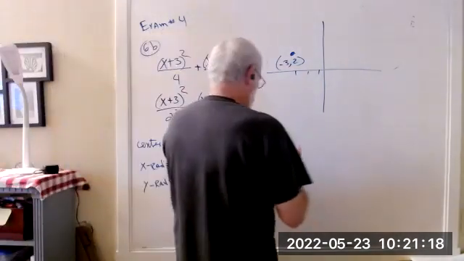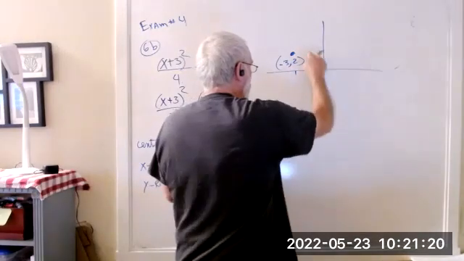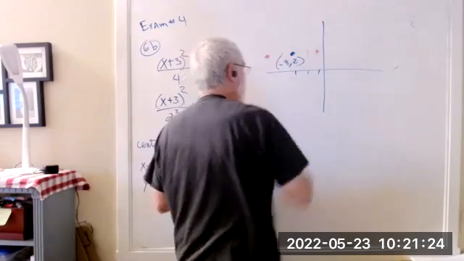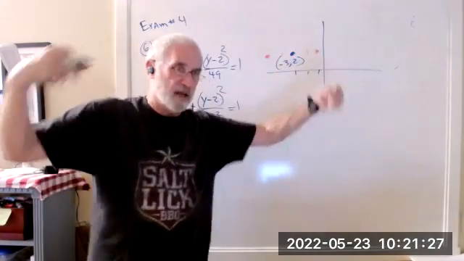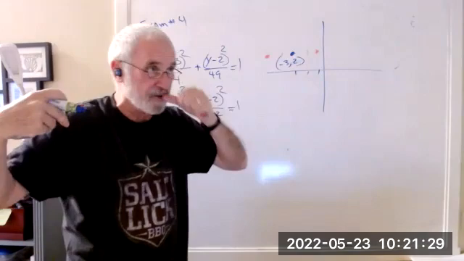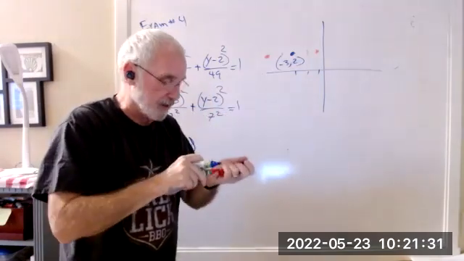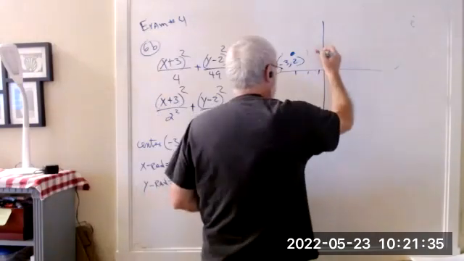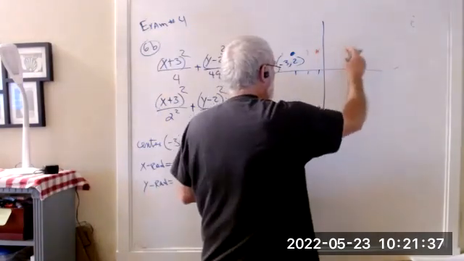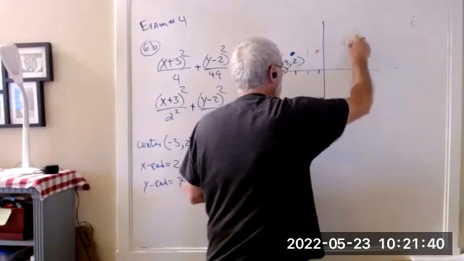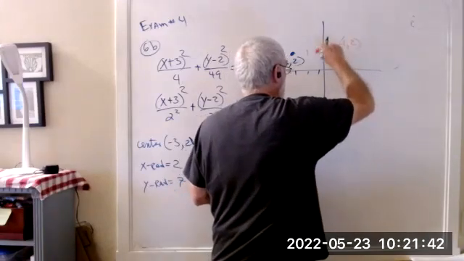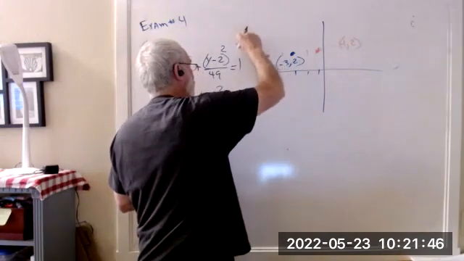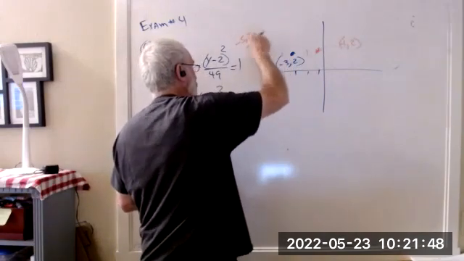So you come over 2 units this way, 1, 2, or 2 units this way, 1, 2. And those become your x endpoints, or technically they're called vertices. Now, how do you label that? If you come back 2 units, this one was negative 1, comma 2, or this one here was negative 5, comma 2.